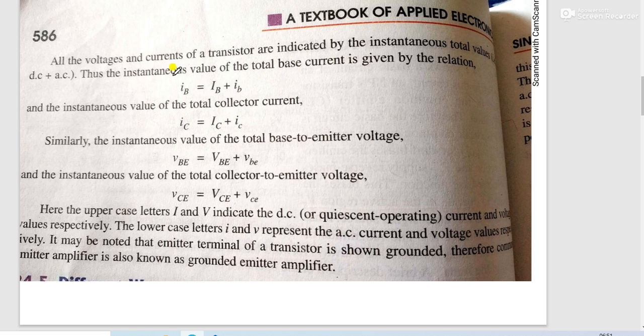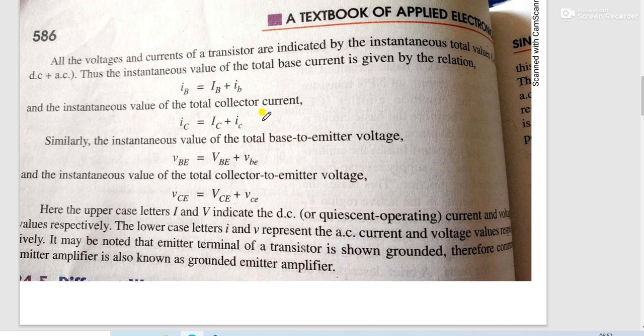So we can take the instantaneous value of collector current iC equals IC plus ic. Similarly, the instantaneous value of the total base-to-emitter voltage, that is the input voltage vBE, equals VBE plus vbe, that is DC source plus AC values, and vCE equals VCE plus vce.